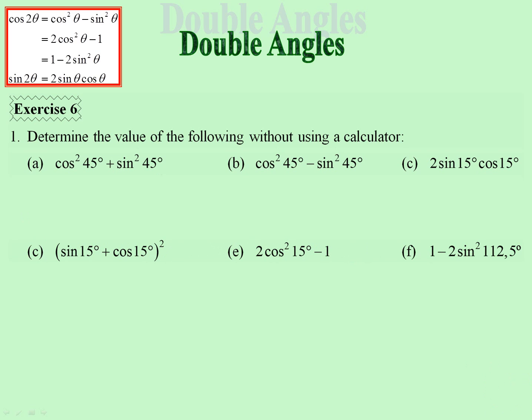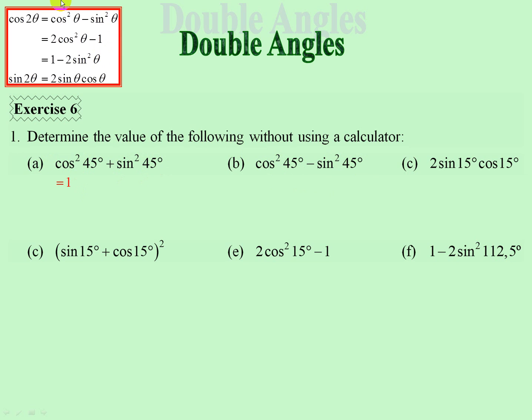Let's go to the answers now. The first one, cos squared plus sine squared, both 45, is 1. We could have substituted in and said, well, that's root 2 over 2 all squared plus root 2 over 2 all squared, and it'll give me 1, but you should be able to see it immediately. This one here, cos squared minus sine squared, same angle.